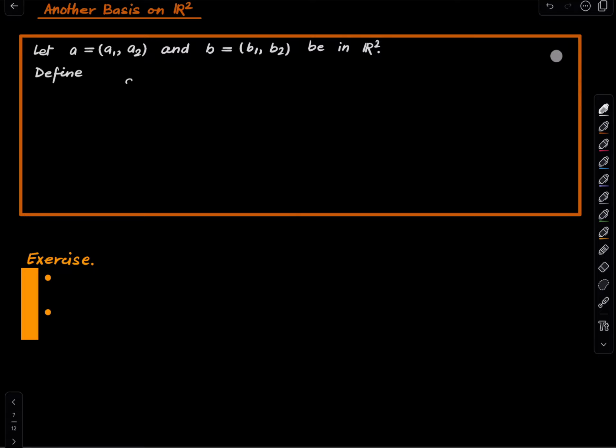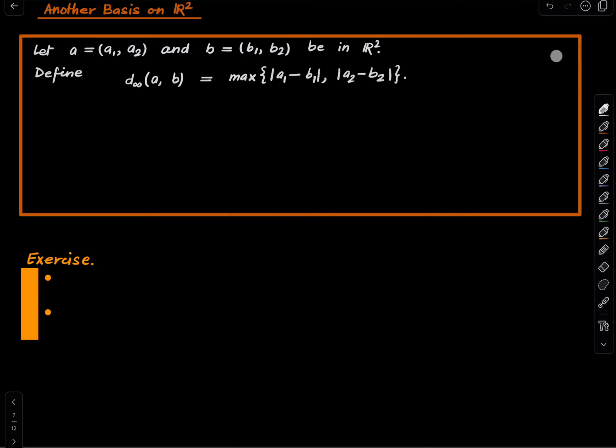Define the infinity distance, or I don't know how to say it. But anyway, the definition is the max of these two numbers. Right? And you can take a moment to think about it.